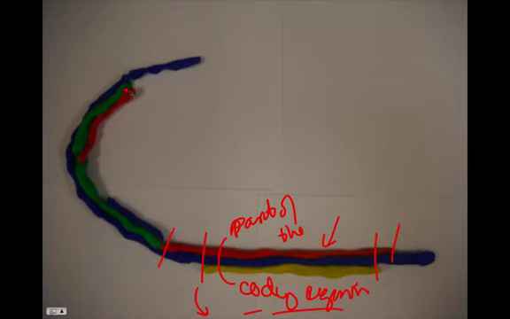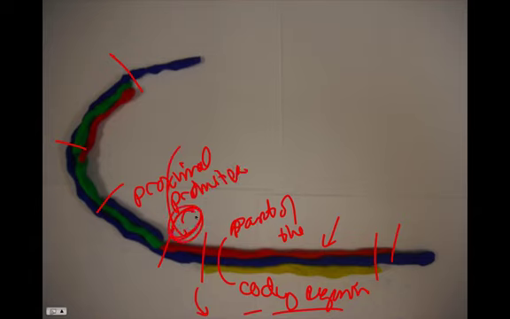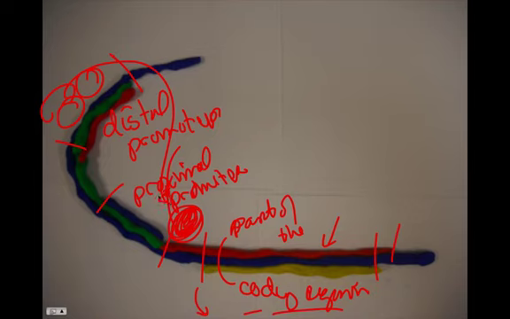Similarly up here, the promoter has two parts, the proximal promoter, and proximal means nearby. The purpose of the proximal promoter is that it shows RNA polymerase where to land and do its job. And then the distal promoter has transcription factor proteins that bind to it that help regulate the RNA polymerase, switching the gene on or off.